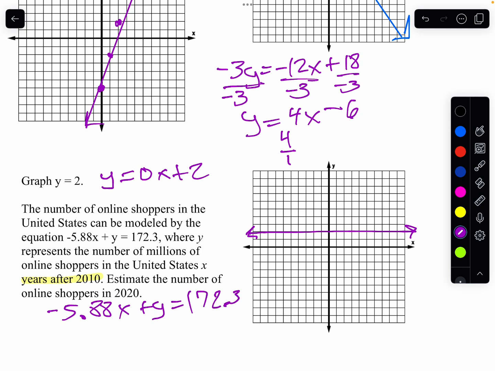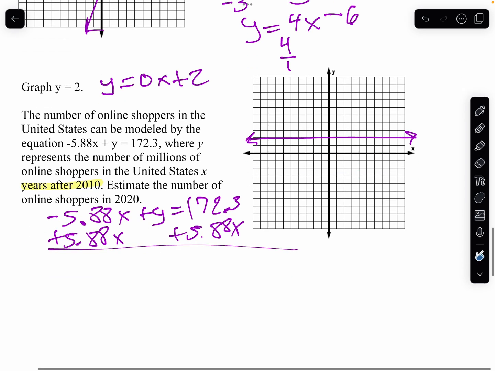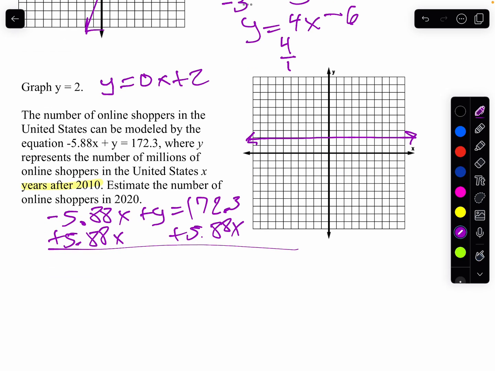So now, to get y by itself, we just add 5.88x to both sides. So our new equation is y equals 5.88x plus 172.3.